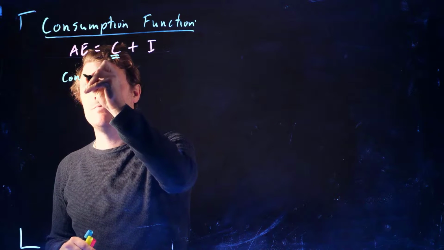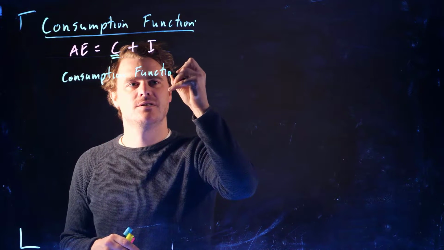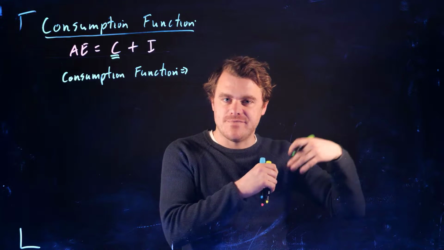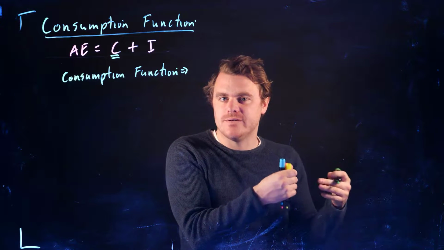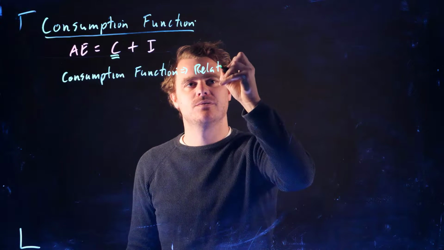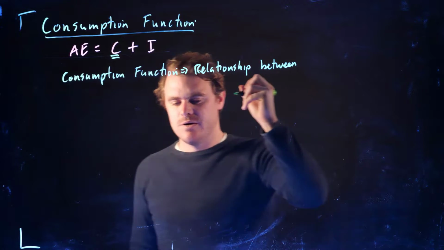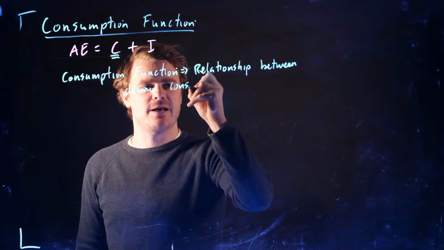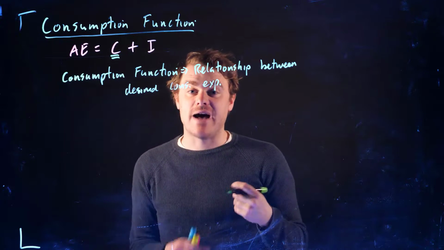What the consumption function does is relate the factors that affect desired consumption to the desired consumption we see. So it's the relationship between desired consumption expenditure, or cons for consumption, EXP for expenditure, and the factors that are affecting it.